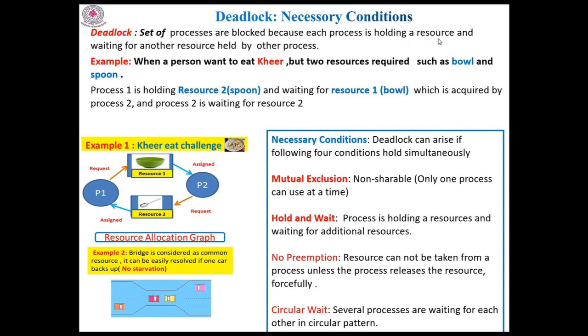Each process is holding a resource and waiting for another resource held by the other process. P1 is waiting for resource 1, which is held by P2. Similarly, P2 is waiting for resource 2, which is held by P1. So this process is continuous and circular. This is called a deadlock situation.